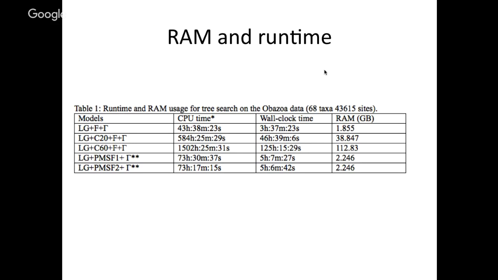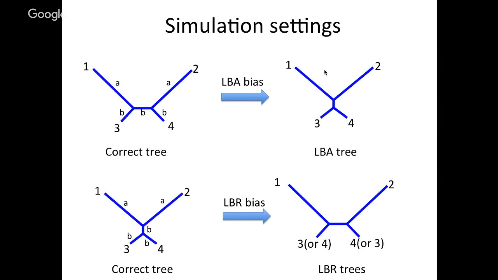So then the question is whether these models actually work as well as a mixture model. So we tried a number of different simulations to evaluate this, and we're going to use those same grids of simulation conditions where we have the so-called bunny ears tree with the long branches and the short branches, that when A gets large and B gets small, you get the long branch attraction bias.